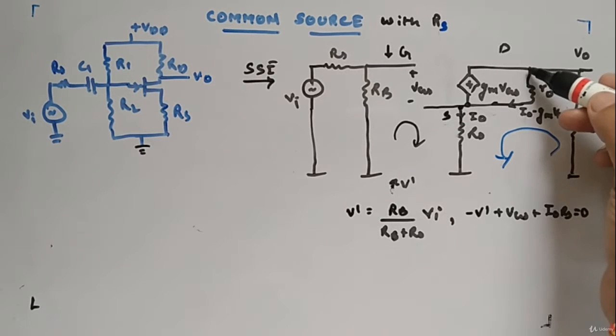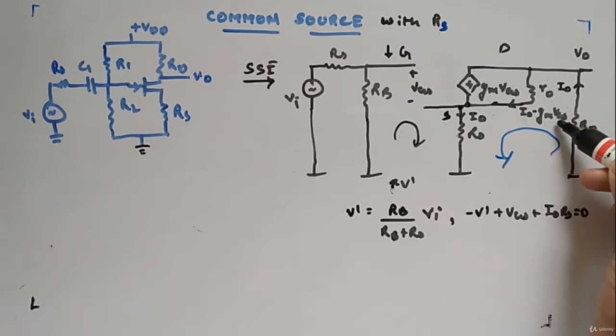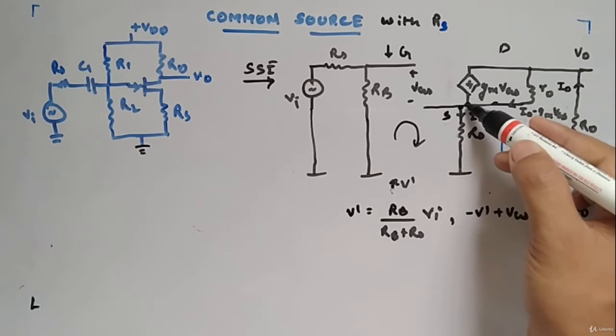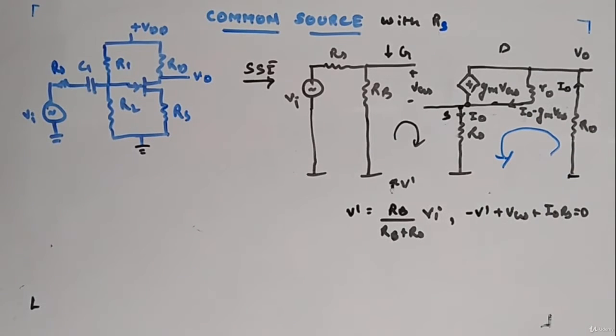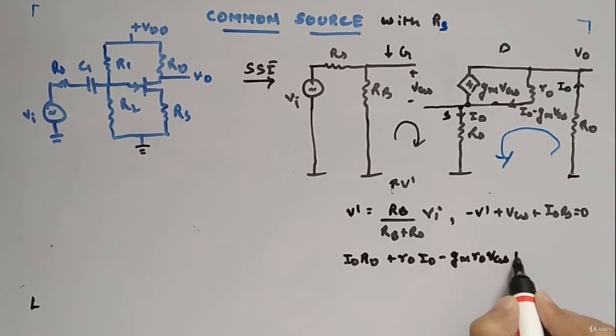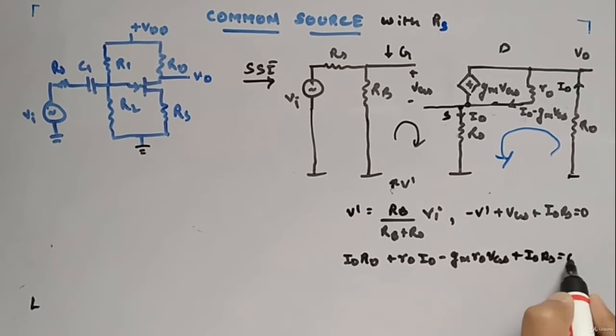Now if you apply KCL here, you will get current I naught minus GM VGS in this branch. And if you apply KCL in this node, you will get current I naught in this branch. I've just assumed I naught so that the calculation will be easier. If we apply KVL in this loop, you will get I naught RD plus R naught times (I naught minus GM VGS) plus I naught RS equal to 0.